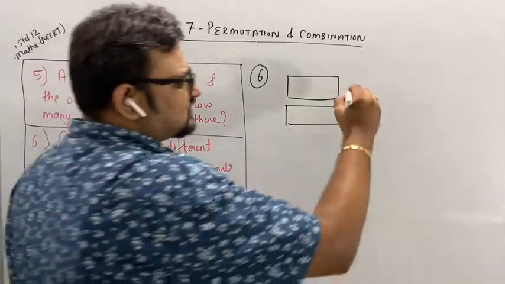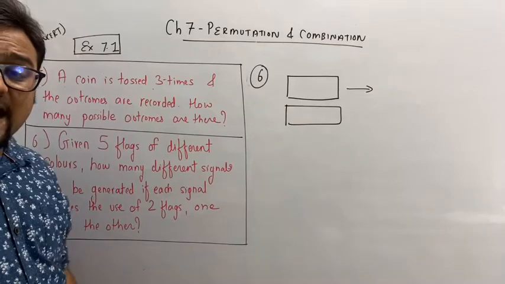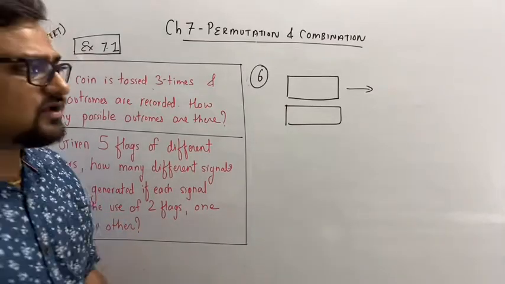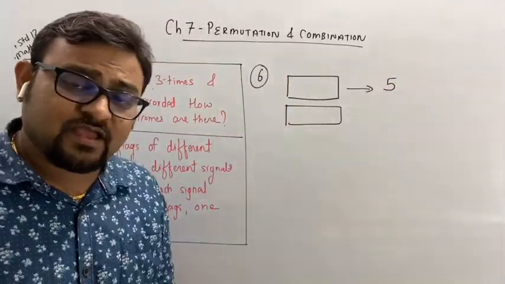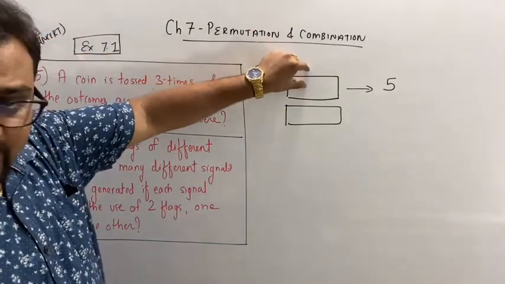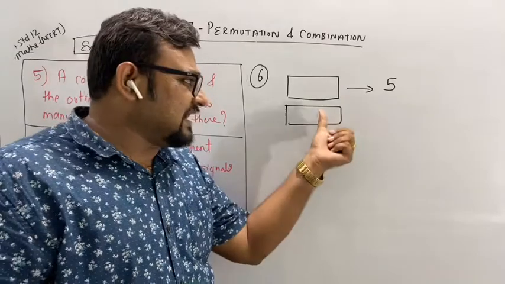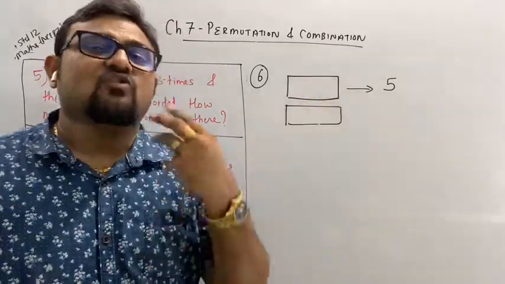So when I want to select any flag for the top one, I am having 5 options, 5 different colors. So here I am having 5 possibilities, right? Now from those 5 flags, I have put one flag here. So remaining 4. So for the second position below this one, I am having 4 options.